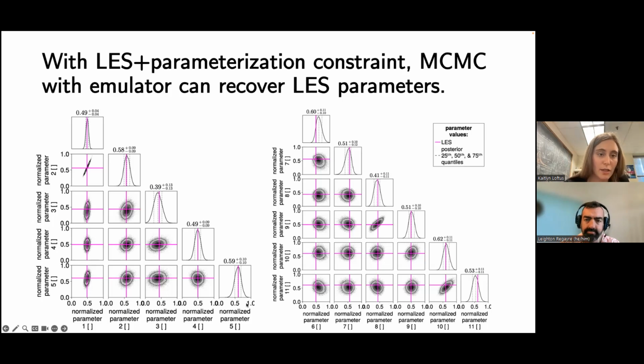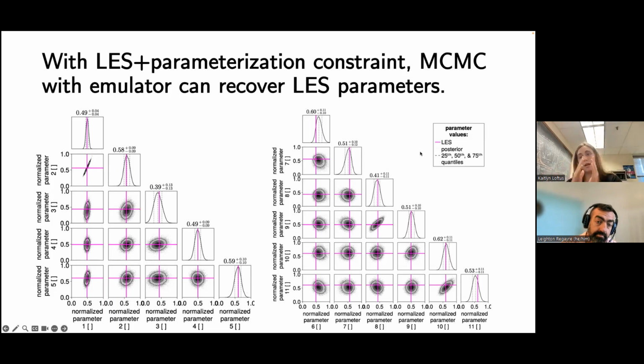And these are just showing corner plots for all 11 parameters that we're trying to recover. The pink line is showing the parameter values put into the LES, and these black curves are showing the marginalized PDFs that we're recovering, and you can see that we're capturing these true parameter values in our estimate.